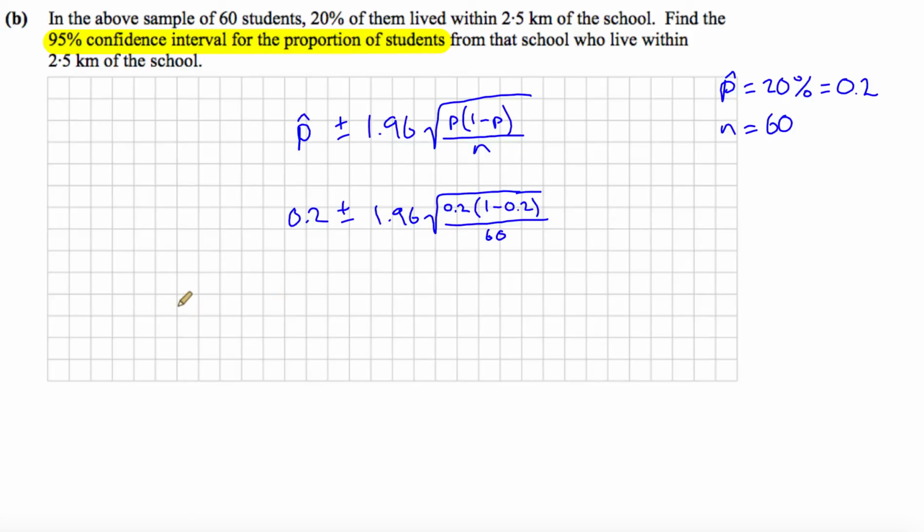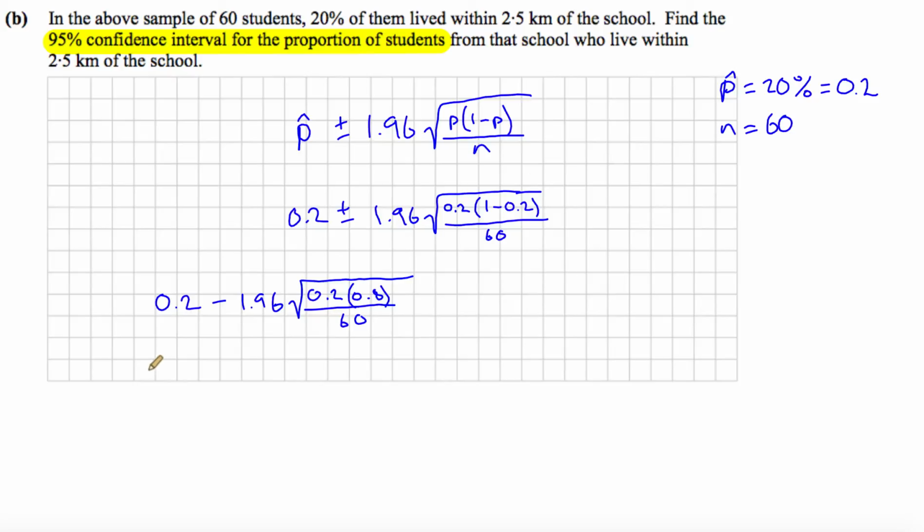So when we do this once with minus, that'll give us the lower limit of the confidence interval, so 0.2 minus 1.96 by the square root of 0.2 times 1 minus 0.2, which is 0.8, and again all over 60.